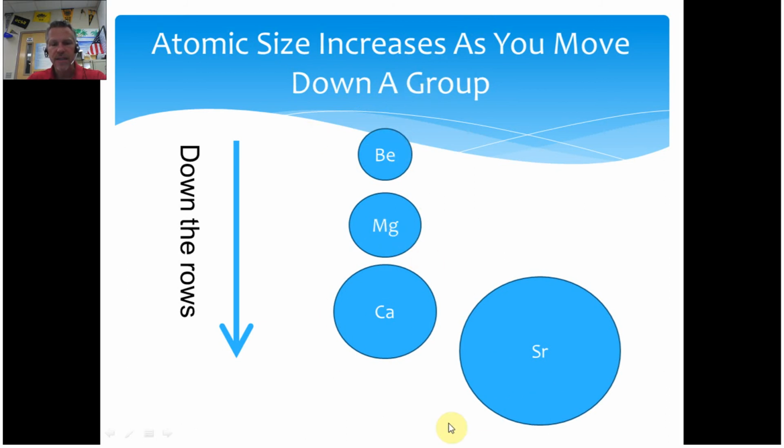The size of the atom gets bigger and bigger, and I try to represent that with these increasingly large circles. So the atomic size, or sometimes this is referred to as the atomic radius, increases as you move down a column, as you're moving from one row to the next.